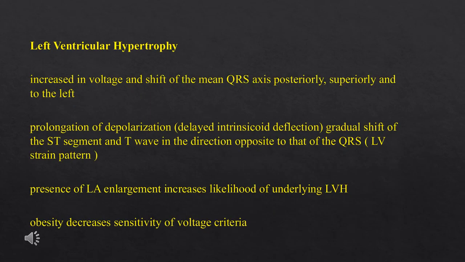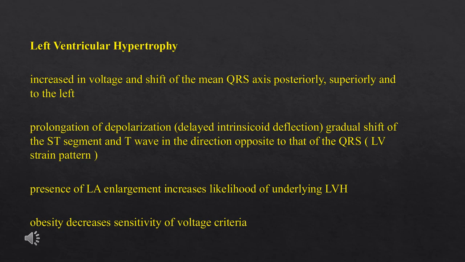Left ventricular hypertrophy is characterized by an increase in voltage and a shift of the main QRS axis posteriorly, superiorly, and to the left. There is prolongation of depolarization and a gradual shift of the ST segment and T wave in the direction opposite to the QRS complex.